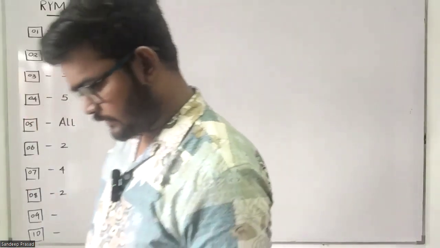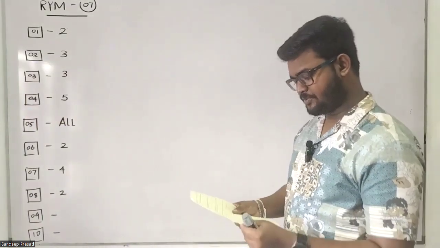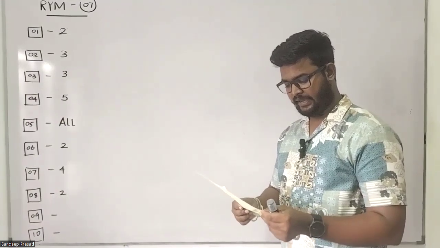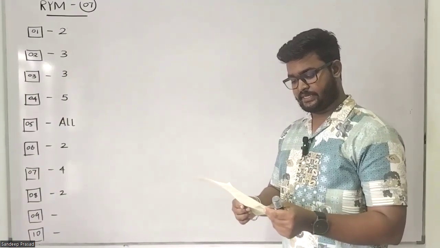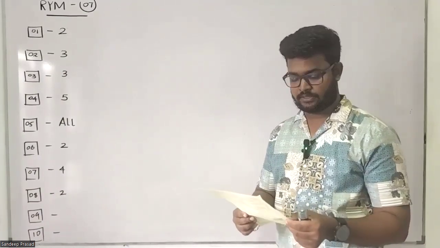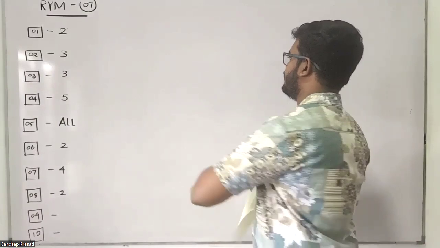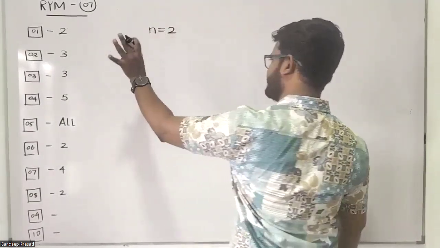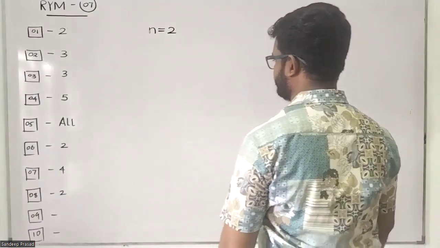Question number 9. The number of subshells, orbitals, and the maximum number of electrons that exist in the major energy level, that means principal energy level, which is represented by the principal quantum number n equal to 2. So this is very easy. N equal to 2 means the second principal energy level, right?